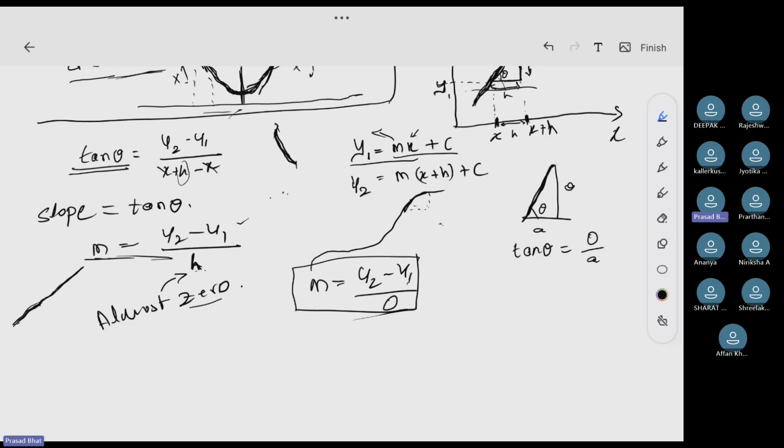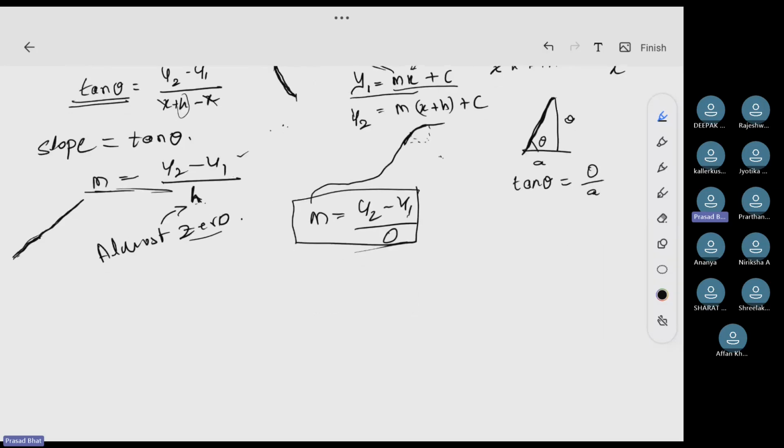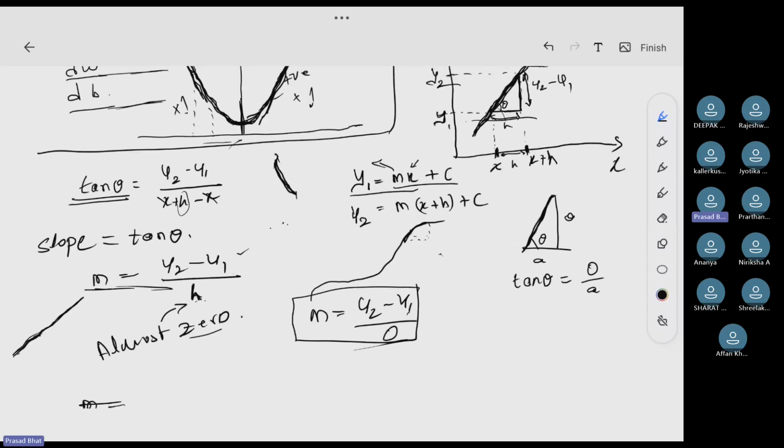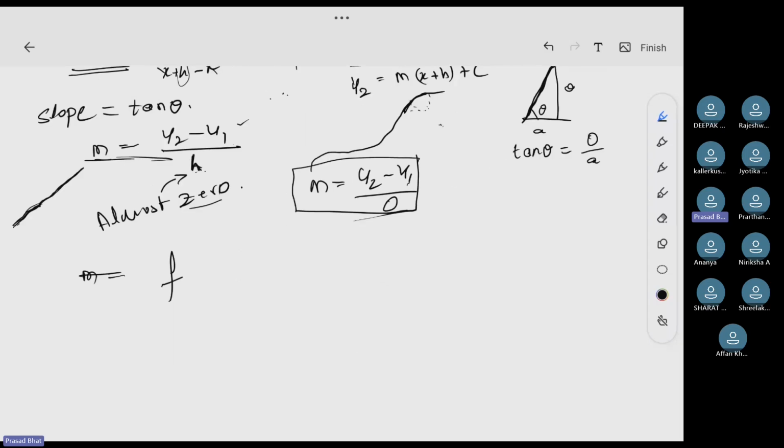What the mathematicians previously did as part of calculus is they used a notation, m is equal to, or you can say, anything is fine. If f represents this curve, a function that represents this curve, then the differentiation of f, denoted by f dash or df by dx, is equal to, there is a concept called limit.